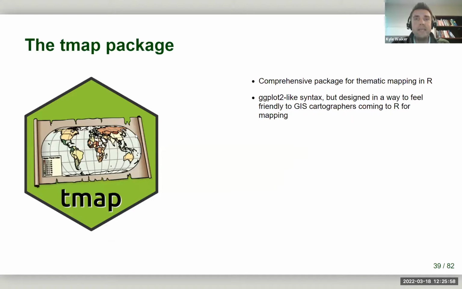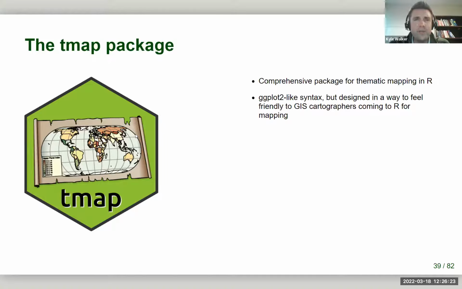So tmap is a comprehensive package for thematic mapping in R. It is voluminous in the number of features that are available to you, and we're only going to scratch the surface today. It has a ggplot2-like syntax where you initialize a map and then you layer on different elements of the map. So it's familiar to ggplot2 users.